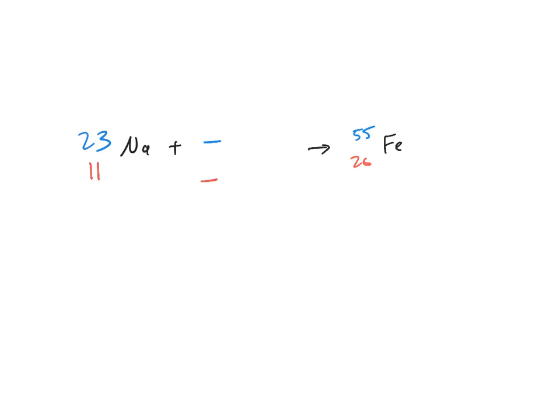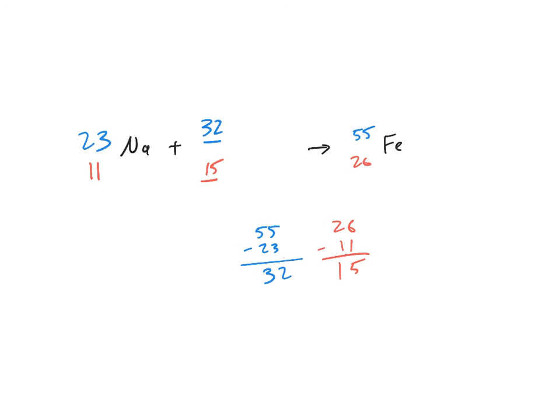So what I'm going to do is subtract the mass numbers. So I'm going to take 55 minus 23, and that's 32. So I get a 32 up here. Then I'm going to take my atomic numbers and subtract those. So that's 26 minus 11, which gives me 15.